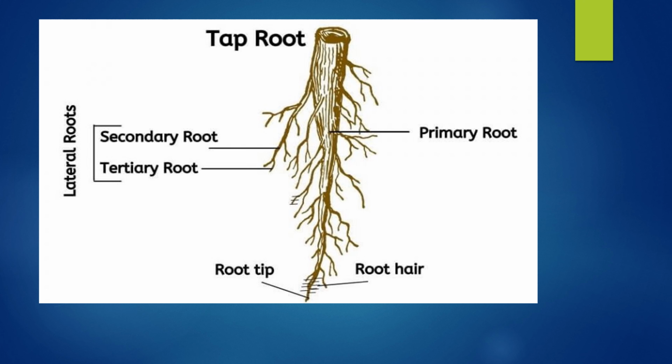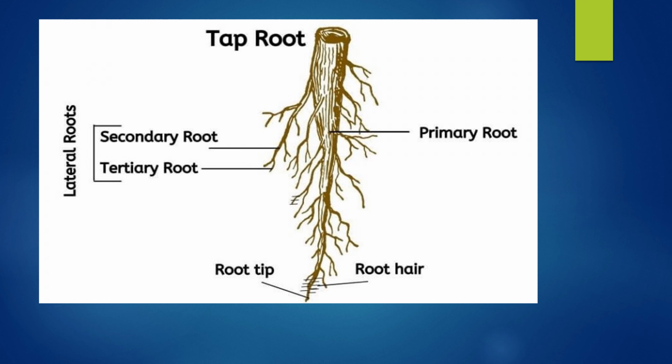Now what is root hair? Root hair cells are unicellular, thin-walled outgrowths of the epidermis, which is the outermost layer of the root. They greatly increase the surface area for absorption of water and nutrients from the soil. Root hair cells are large in number but short-lived.